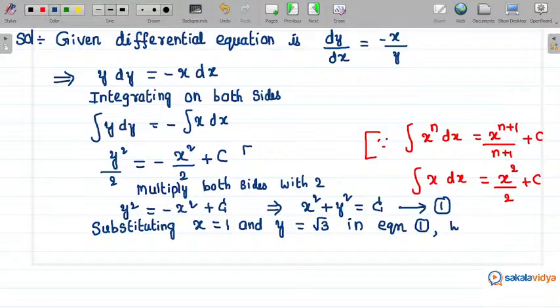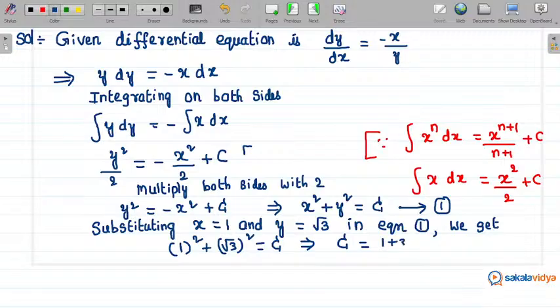So, we get as follows: x square means 1 square plus y square means root 3 square, so equal to c. That implies c equals 1 plus root 3 square, 3, so 4.